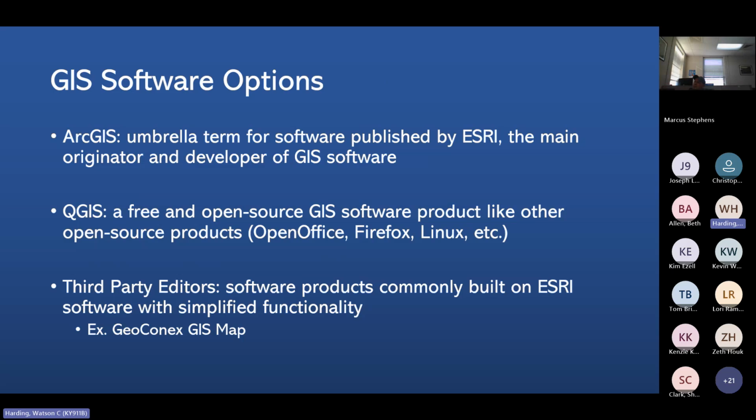I think one that a lot of people here in Kentucky work with is GeoConnects. Often these are built off of Esri in the background, and the vendor is trying to simplify regular processes like adding an address, etc. I'll get into some of the disadvantages later on.